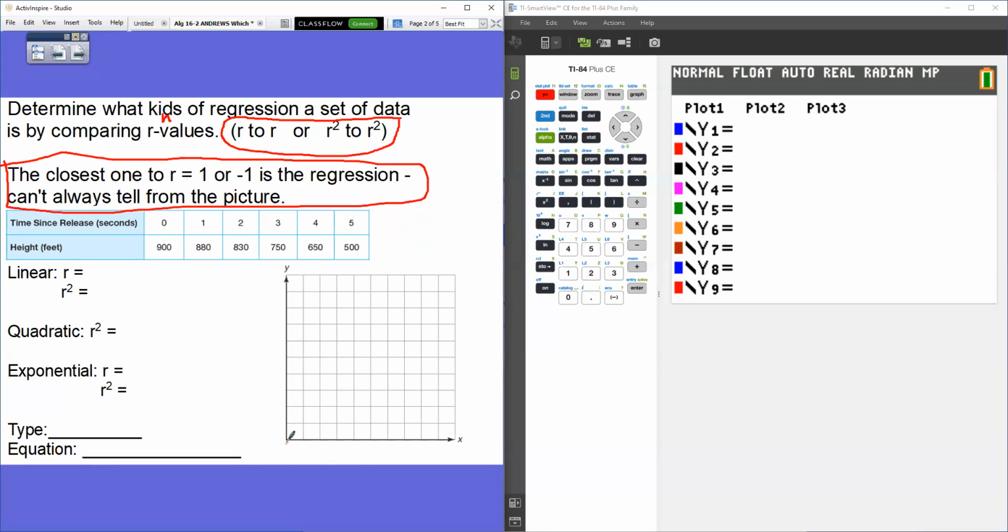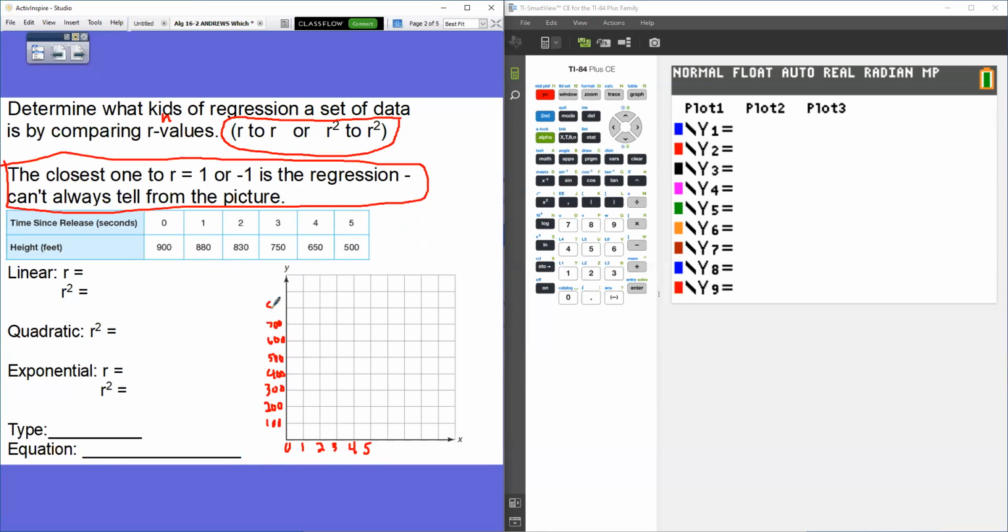Let's graph these points first. On your homework today, you're not going to have to graph anything, but you will have to look at pictures of graphs. These numbers go all the way up to 900, so I'm just going to count by 100s going up. Our first point is 0, 900.